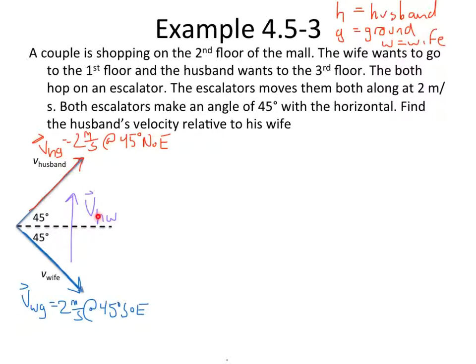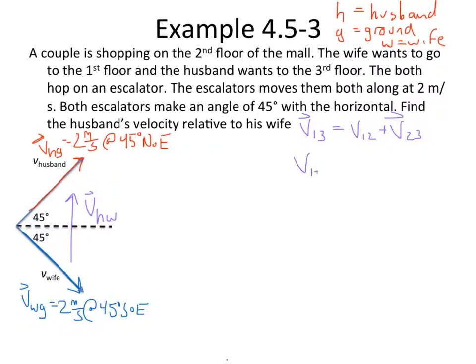But we've got a problem right here. Because, remember, our format has to be the velocity of 1 to 3 equals the velocity of 1 to 2 plus the velocity of 2 to 3. Okay? 1 to 2 plus 2 to 3 equals 1 to 3. Well, our 1 to 3 is the husband to the wife, all right?